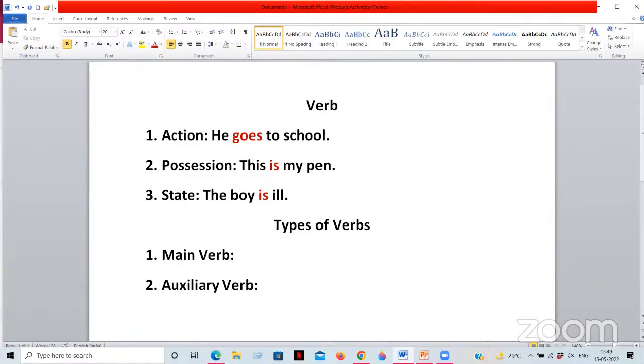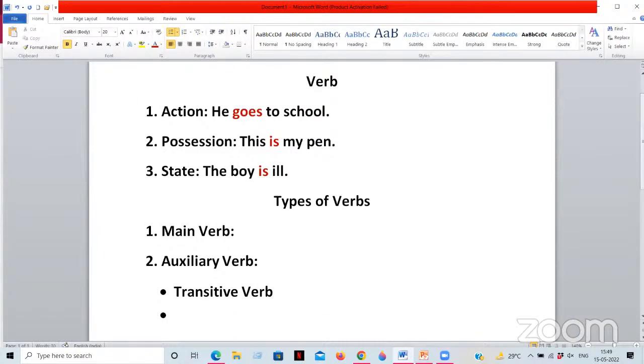There are other things as well, like transitive verb and intransitive verb. These verbs are actually categorized based on object.